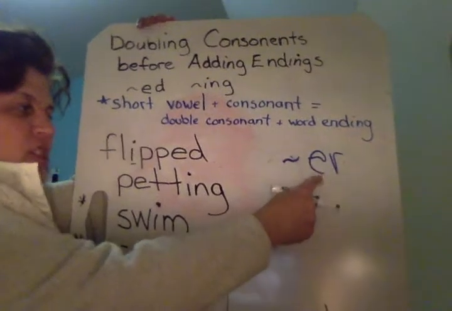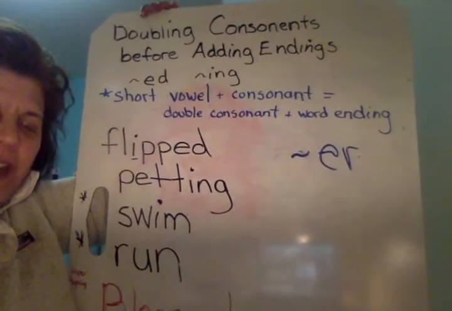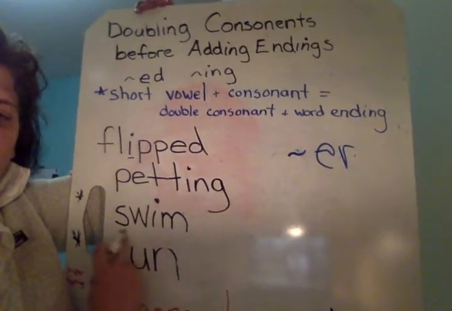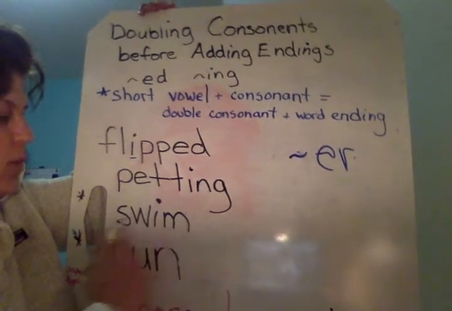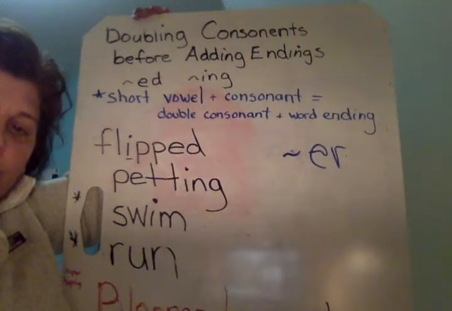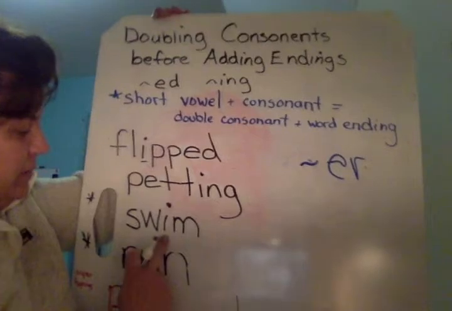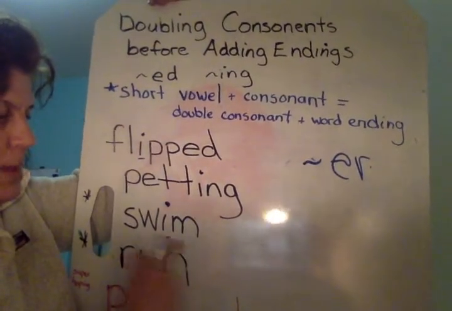But what if we wanted to change and use the word ending er? Let's try it with this word, swim. What if I wanted to change swim to swimmer? Well, what does the rule say? Is there a short vowel sound? I right here. Swim.